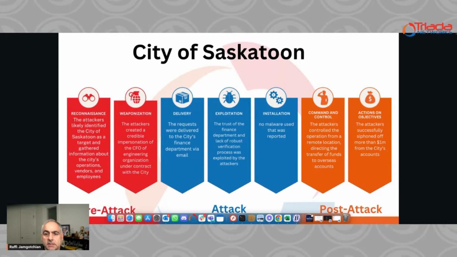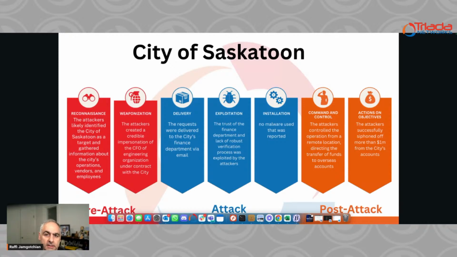What happened in their case is the attackers identified the way the city did business. This is actually fairly obvious if you go to their website. You can see how they accept vendor applications and bids. So that part of the layout is all laid out for them.